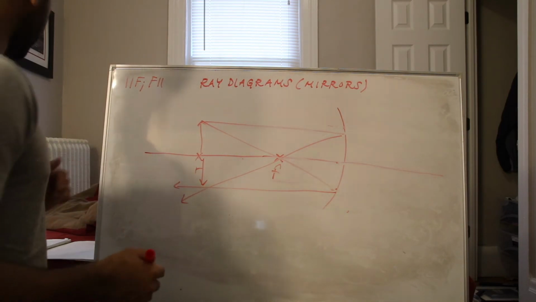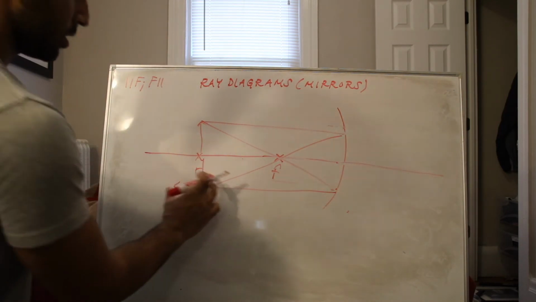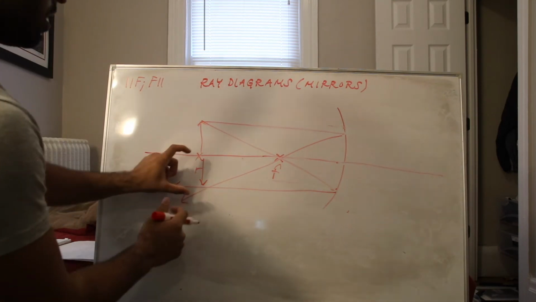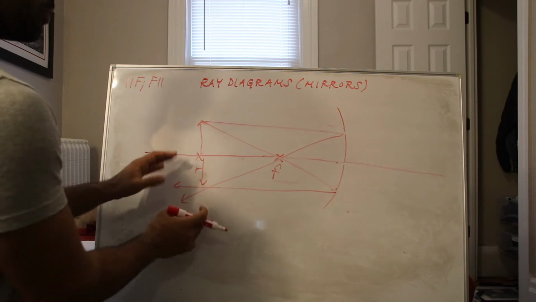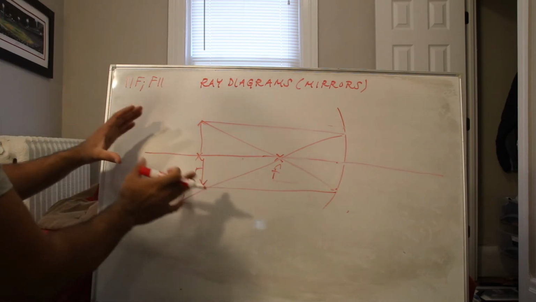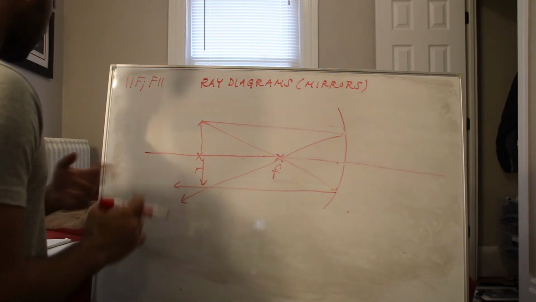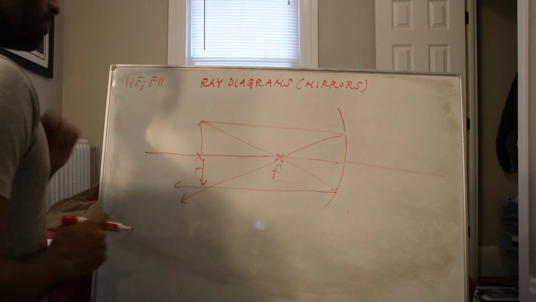It will be at your radius of curvature. It will be the same size, so this technically should be the same size as this. I didn't draw it properly, but if I had drawn it right, this would be the same size as this. It would be a real image. It would be inverted. So you would get the same exact object except flipped over. So same size, it would be real, and it would be at the same point in space.